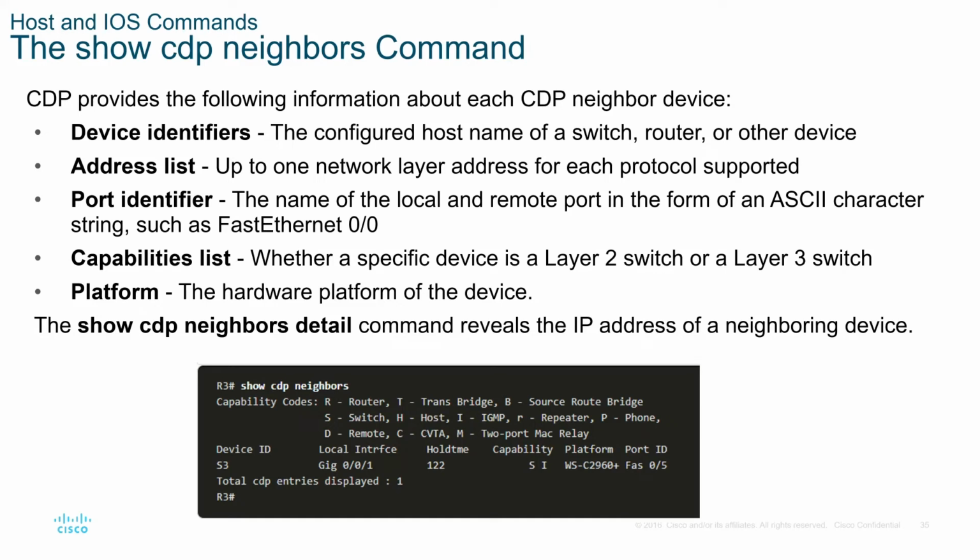You can also use the show cdp neighbors detail command, which will reveal the IP address of the neighboring device as well as the operating system.